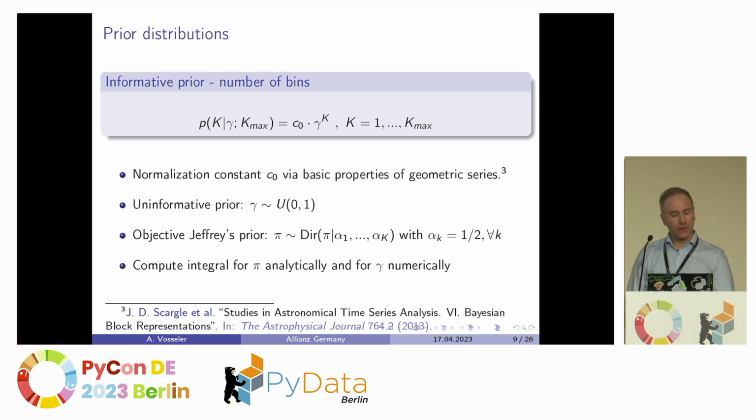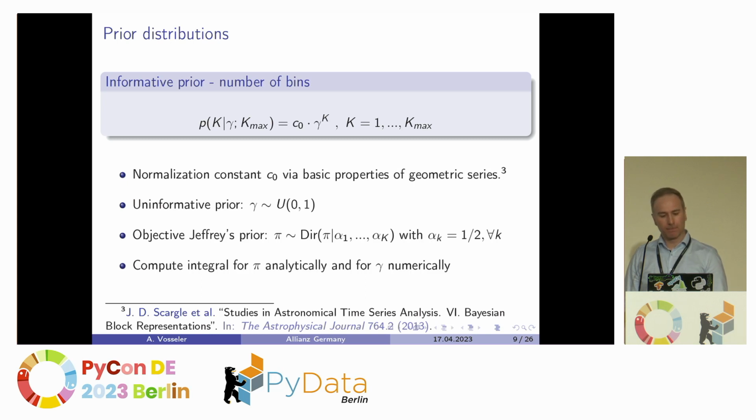subsequently. So a very crucial part, as I said, is really this parameter k, an integer parameter, the number of bins, because this very much controls the complexity and the fit of this whole density estimate. And we use an informative prior that was proposed by Scargill 2013.